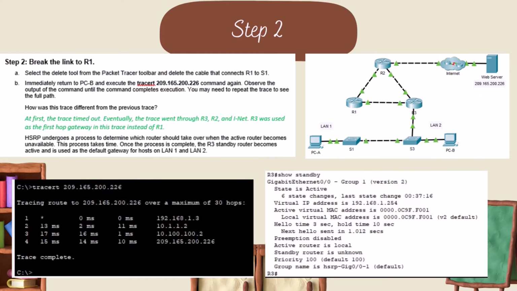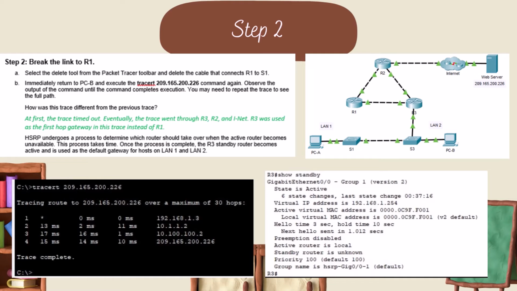So untuk step 2, break the link to router 1. So soalan A, select the delete tool from the Packet Tracer toolbar and delete the cable that connects R1 to S1. So dalam soalan ini dia akan delete router 1 dan S1.